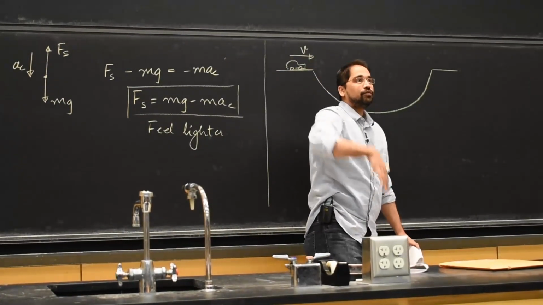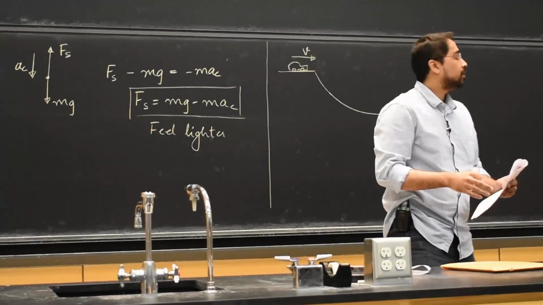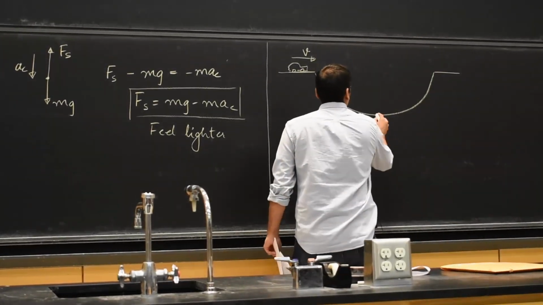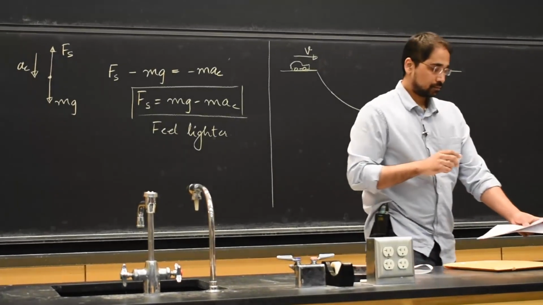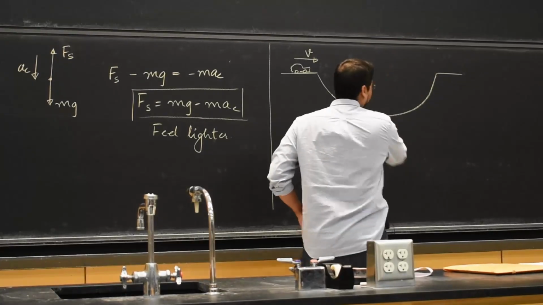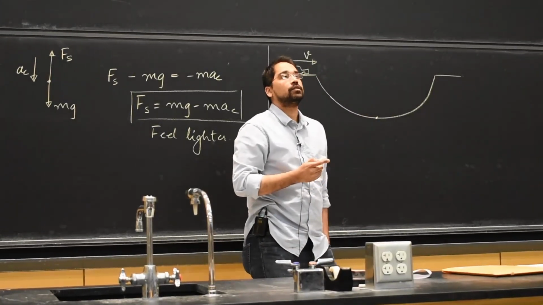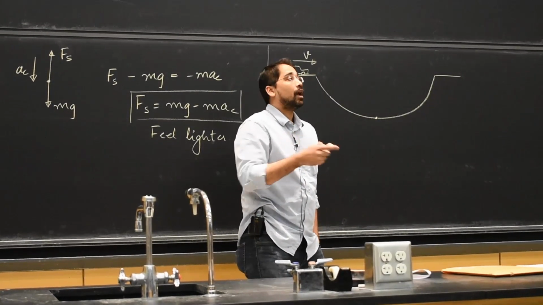And then the road sort of takes this weird dip. And if I consider the situation at the bottom of the road, am I on a straight path or am I on a curved path? I'm on a curved path.